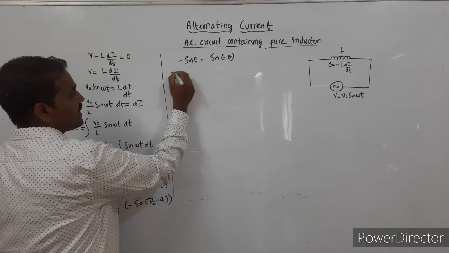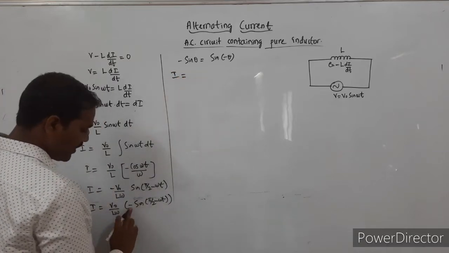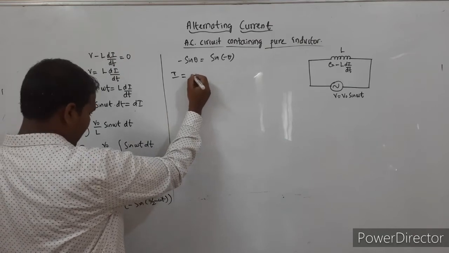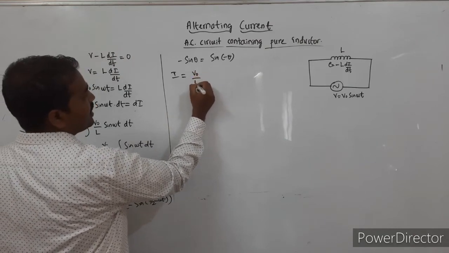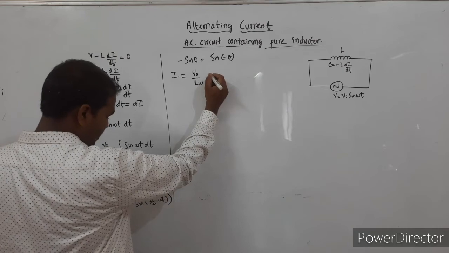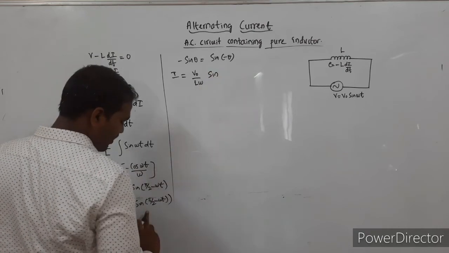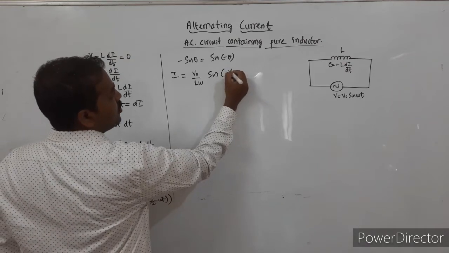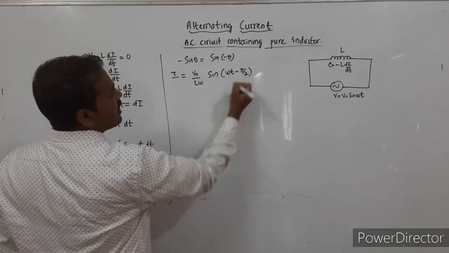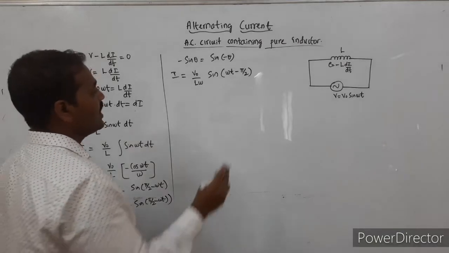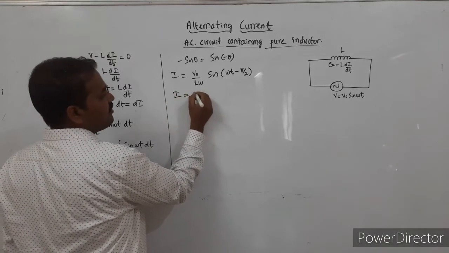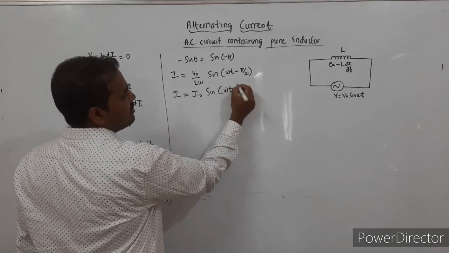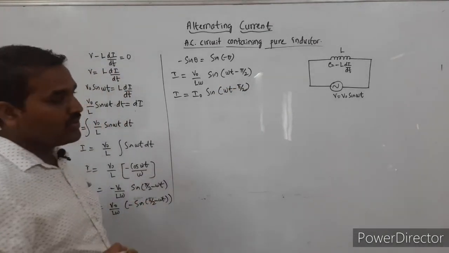So I get the equation as I = V naught divided by L omega times sin of, multiplying the minus sign to both these terms, omega t minus pi by 2. And we shall compare with the general expression I = I naught sin of omega t minus pi by 2.